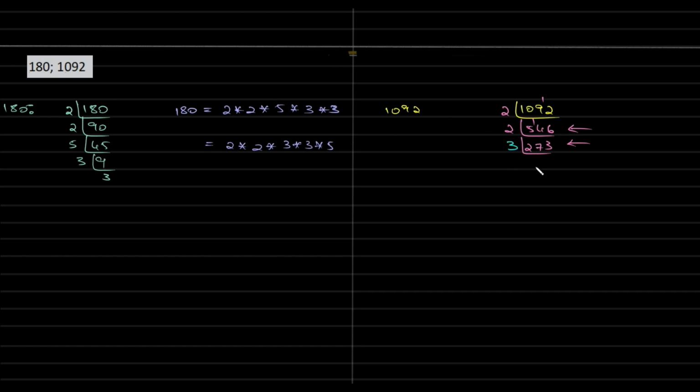So we have 3, 9s are... and 91, let's check with 2, obviously not, 3 not, because 9 plus 1 is 10, 4 not, 5 not, 6, so no, obviously. 7, let's try with 7, 7 1s are 7, 2 is a remainder, and we have 13. So 13 is a prime number, so we end with 1092 being written as 2 into 2 into 3 into 7 into 13, and that is our answer.